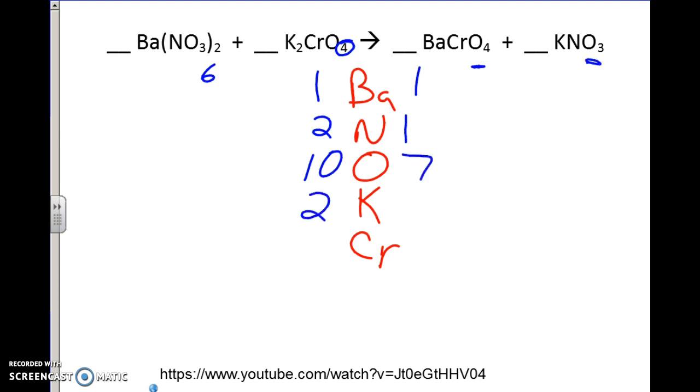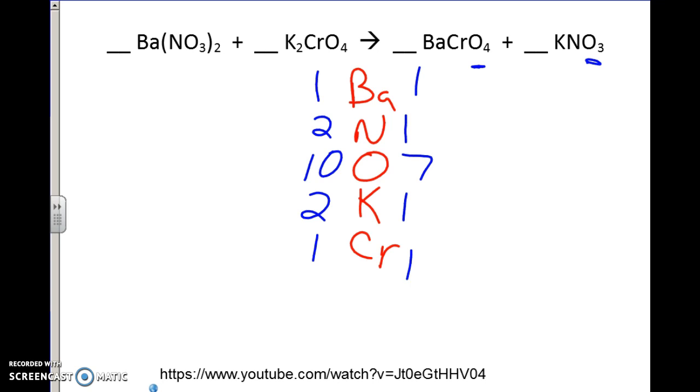I have 2 potassiums on the left side and 1 potassium on the right. I have 1 chromium on the left and 1 chromium on the right. So I'm going to look at all of that. I got my bariums balanced. I'm probably going to jump right in and try to balance the nitrogens or the potassiums.